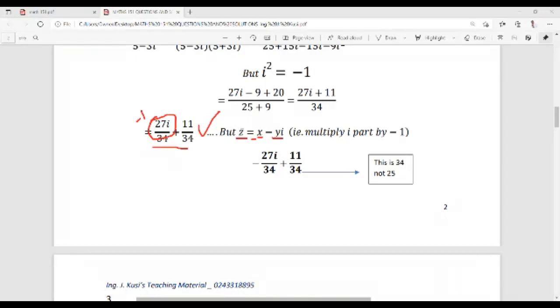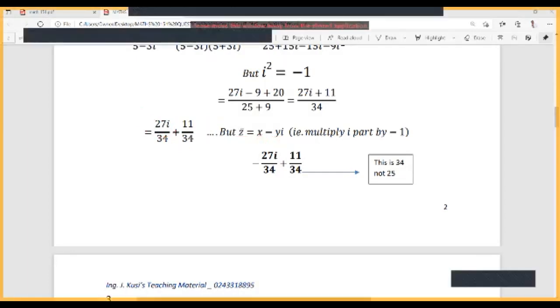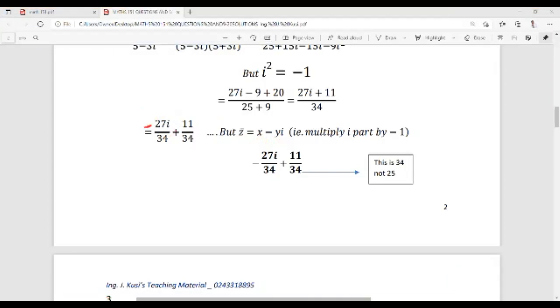Okay, good. So if you multiply this one by -1, it will become negative. That is why here is minus 27i over 34. Do you agree? Yeah. And the real part, we maintain it. So that is why here is 11 over 34. Do you agree? Okay. Good.